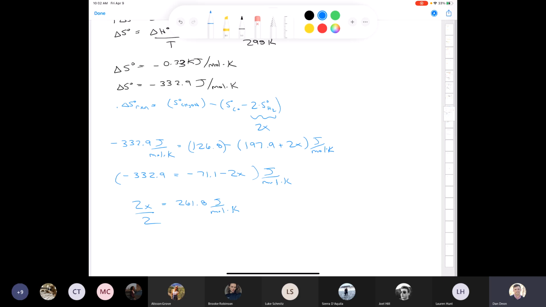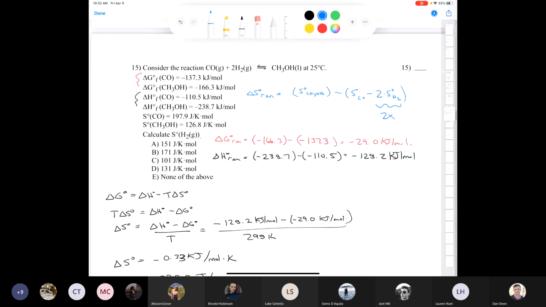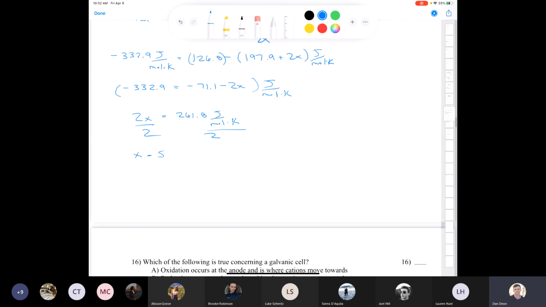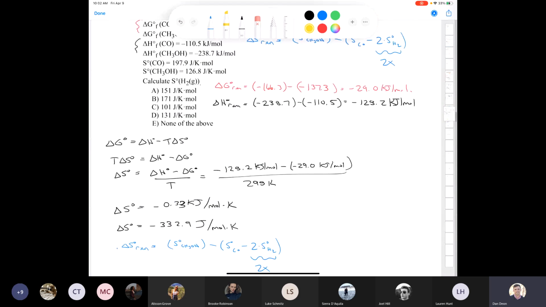I divide both sides by 2, and I get the x, which is the standard entropy of hydrogen. Standard entropy of hydrogen is equal to 131 joules per mole Kelvin. So there we go.